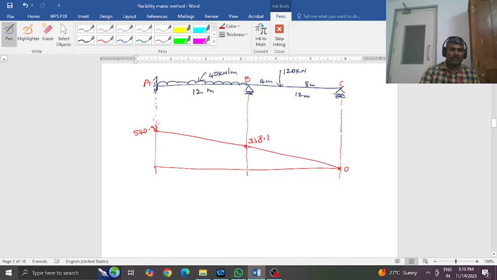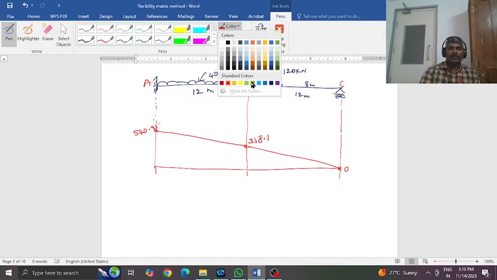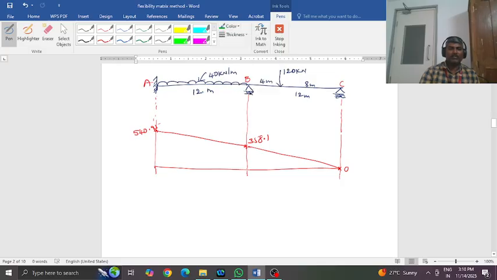Now overlapping with the span moments. Treating this as a simply supported beam with UDL, the bending moment is maximum at the center, that is WL squared by 8, which works out to be 720 kilonewton meter. So you need to plot a parabola, which would look like this.